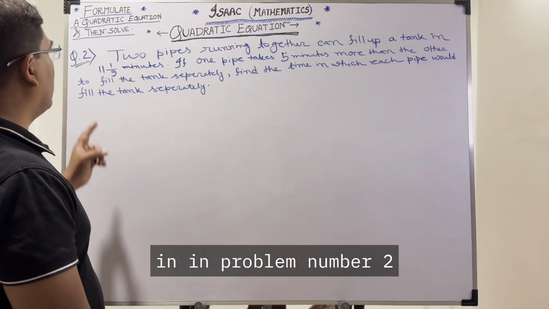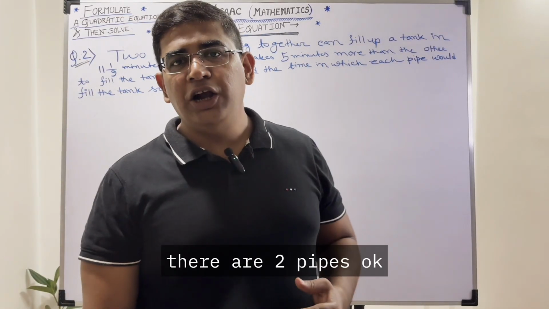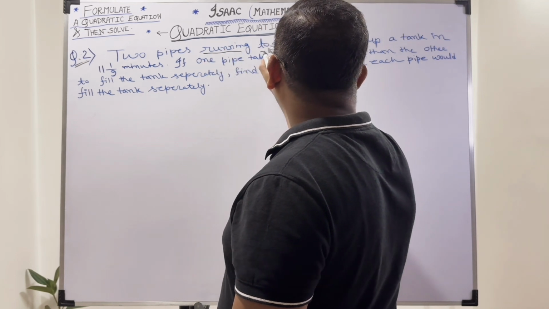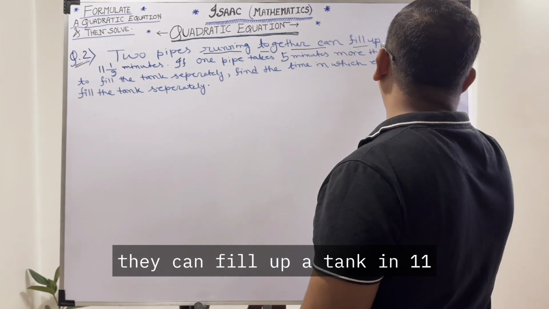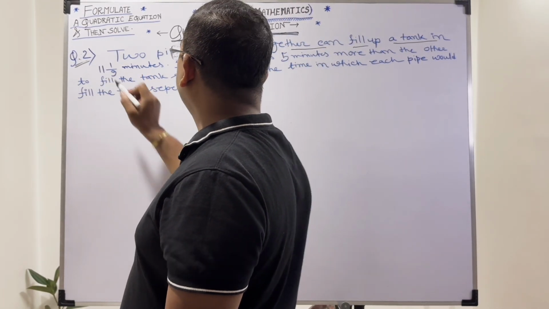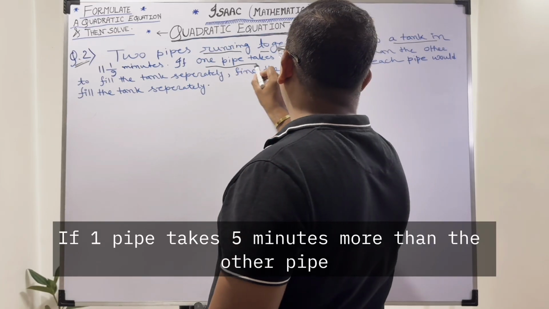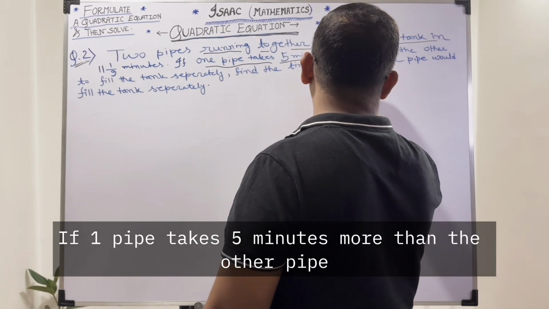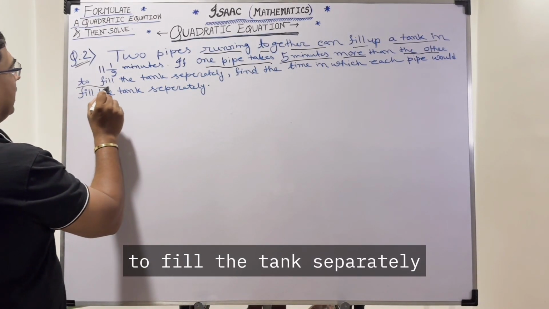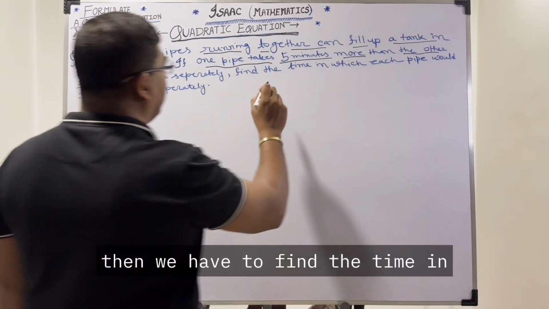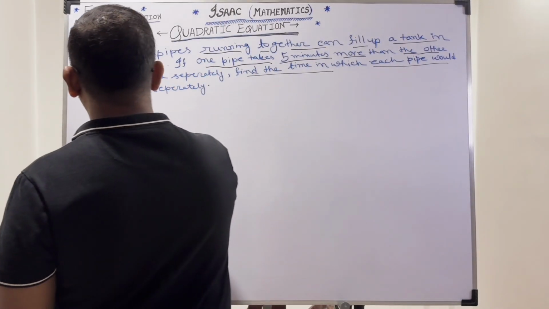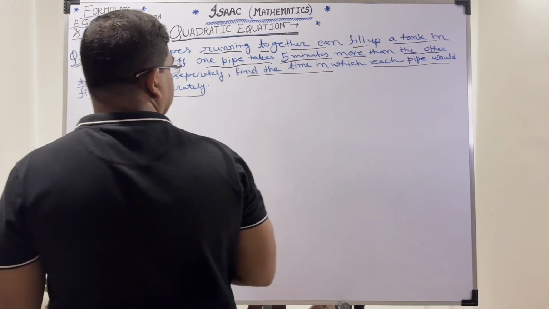Okay, in problem number 2, there are two pipes. When they are running together, they can fill up a tank in 11 whole 1 by 9 minutes. If one pipe takes 5 minutes more than the other pipe to fill the tank separately, then we have to find the time in which each pipe would fill the tank separately.